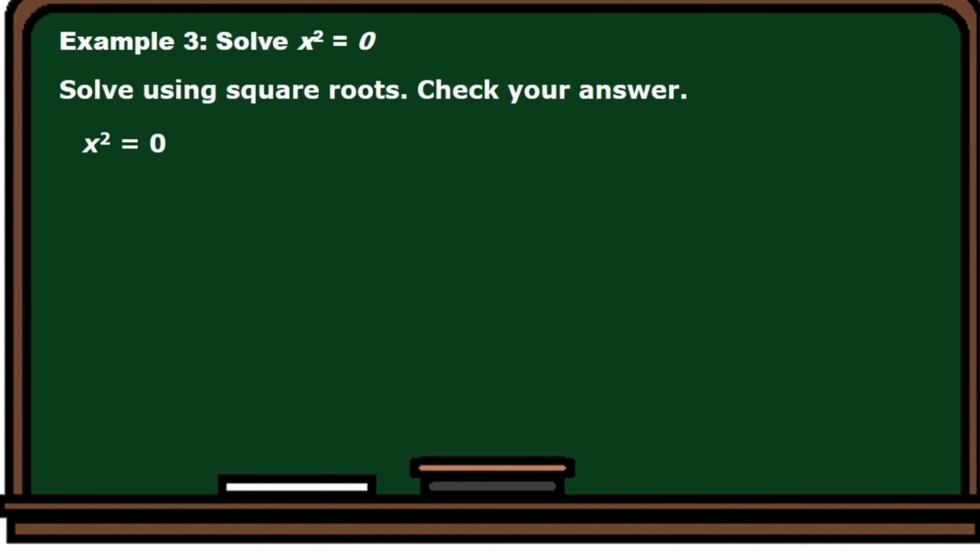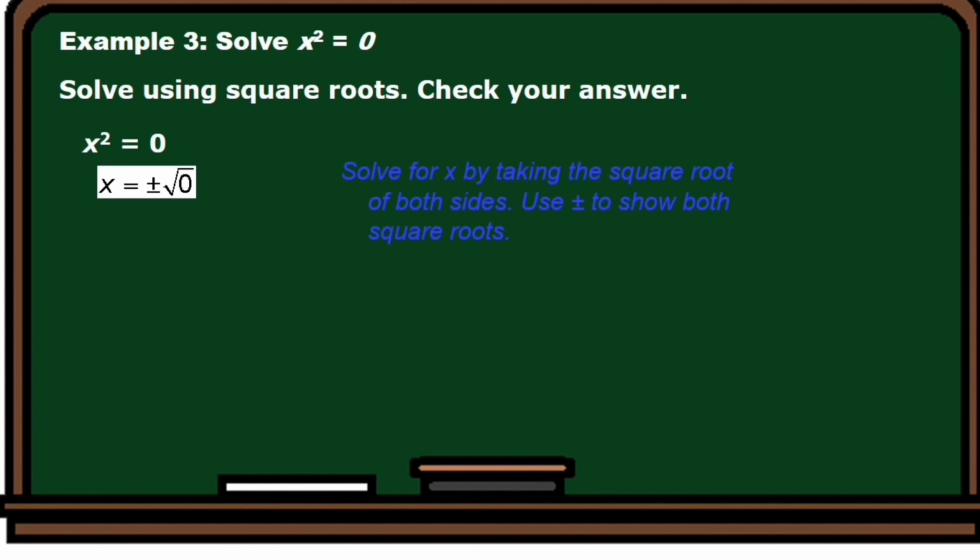Example 3. Solve x squared is equal to 0. Solve using square roots. Check your answer. x squared is equal to 0. Solve for x by taking the square root of both sides. Use plus or minus to show both square roots. And we will get x is equal to plus or minus square root of 0.